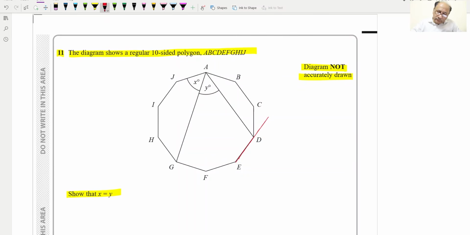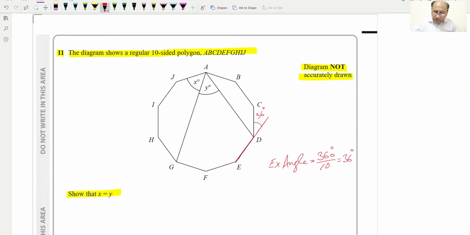This is a 10-sided polygon, so the exterior angle is equal to 360 divided by 10, so this will be 36 degrees. So this angle we got is 36 degrees.